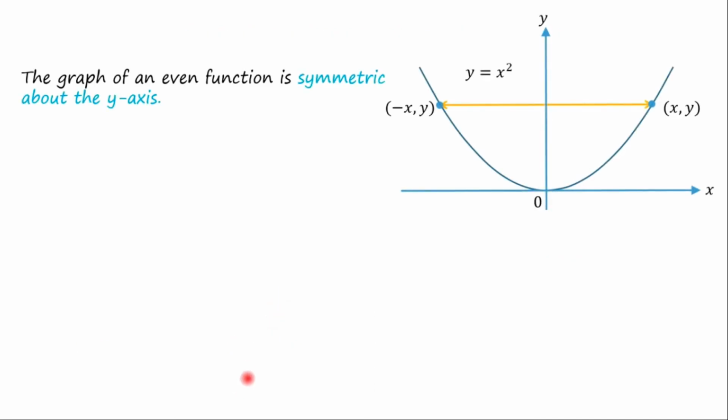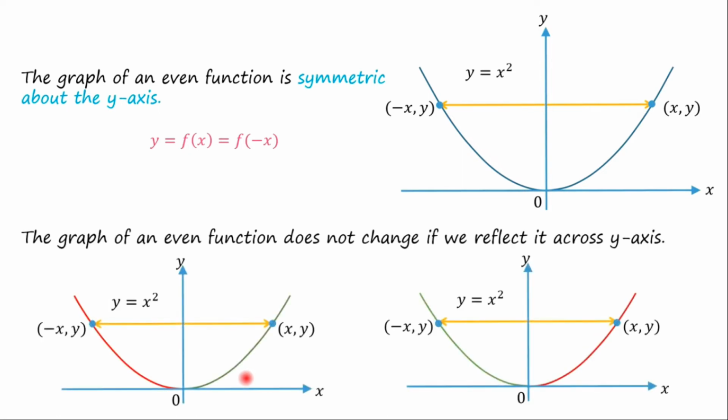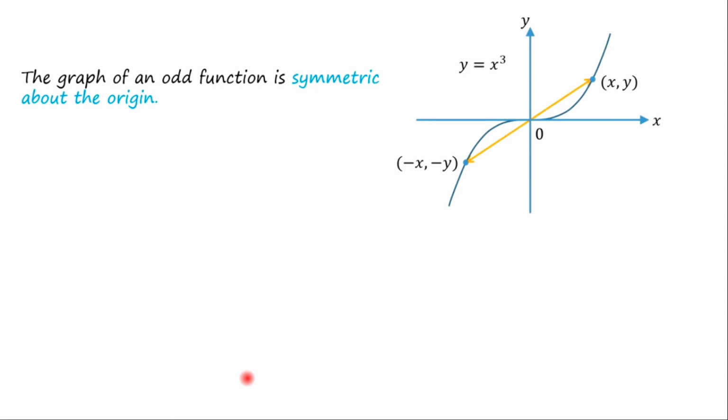The graph of an even function is symmetric about the y-axis. This is because, in case of an even function, the value of y is same for x and negative x. The graph of an even function does not change if we reflect it across y-axis. The graph of an odd function is symmetric about the origin.